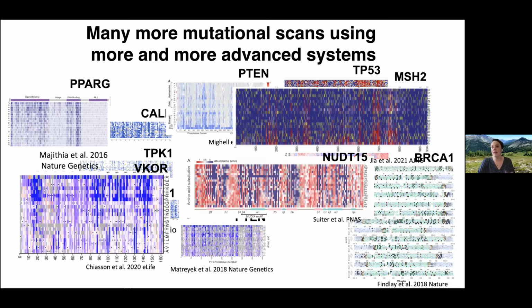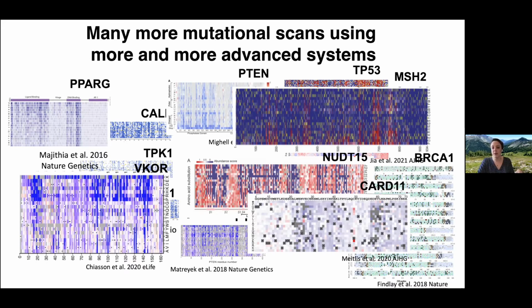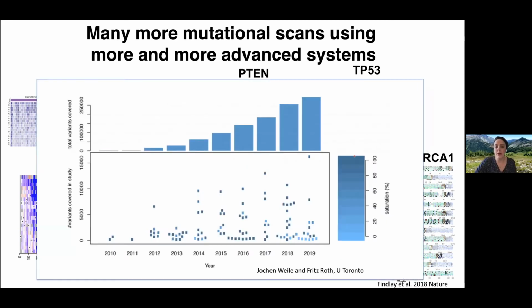We've been editing to install the mutations right into the genome to look at all sorts of different phenotypes, whether it's drug sensitivity or survival. And Jochen Weile and Fritz Roth at the University of Toronto had counted up that about 250,000 variants had been made and measured by about 2 years ago, and I'm sure that number has almost doubled by today.